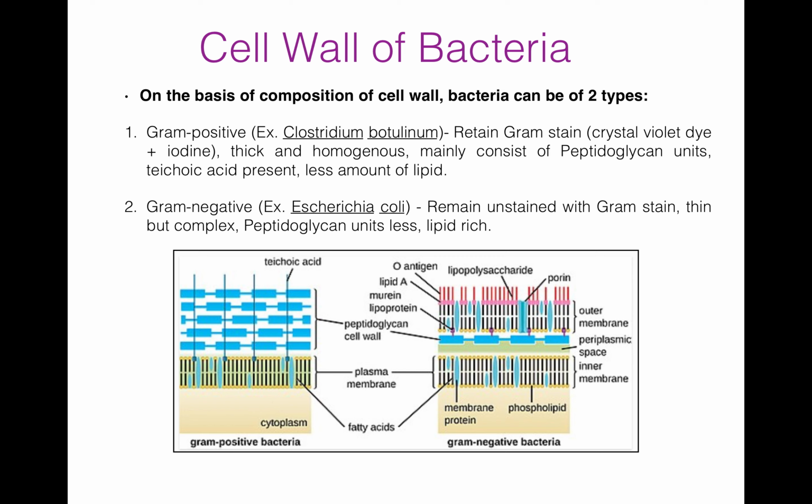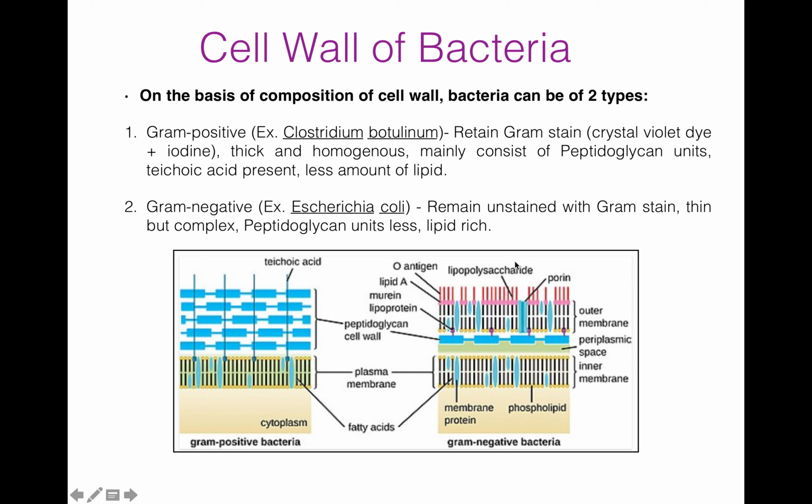Now we will see the cell wall of gram-negative bacteria. It is comparatively thin but has a highly complex structure. The amount of peptidoglycan is very less, but the amount of lipopolysaccharides is very high.